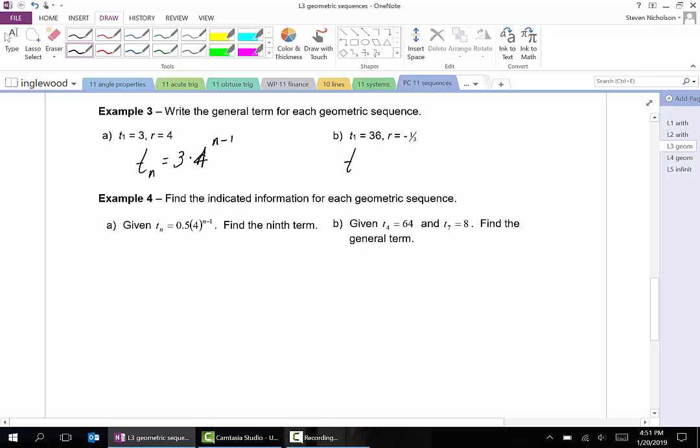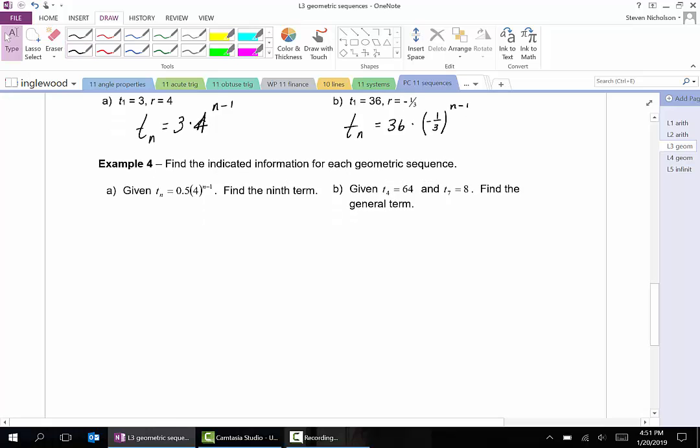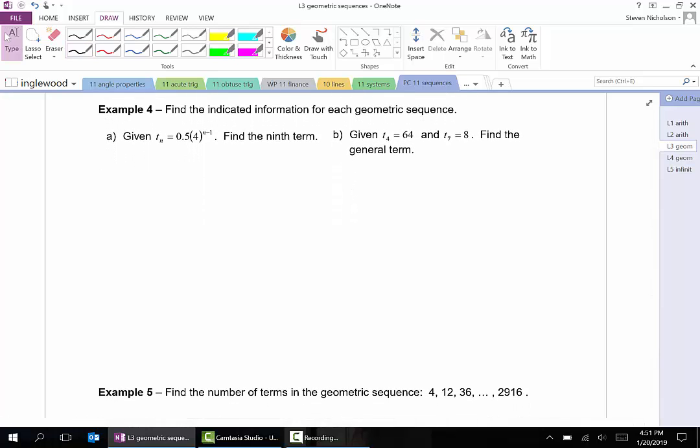This one here would be T of n is equal to the first term times the common ratio to the n minus 1. So let's go ahead and do a quick couple of examples, because the ideas are quite easy. I'll remind you of a couple of strategies we've looked at over the last couple of lessons, but there's some other little algebra things that pop up.